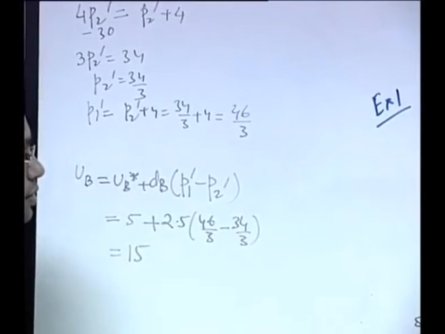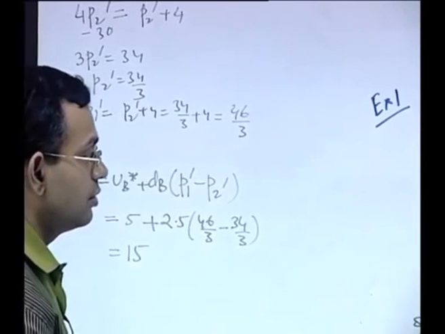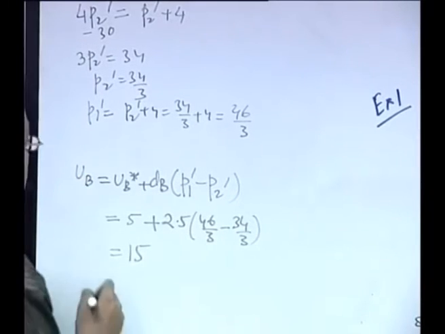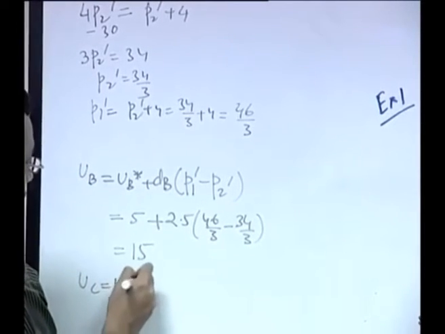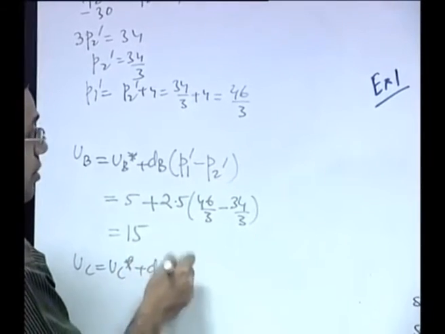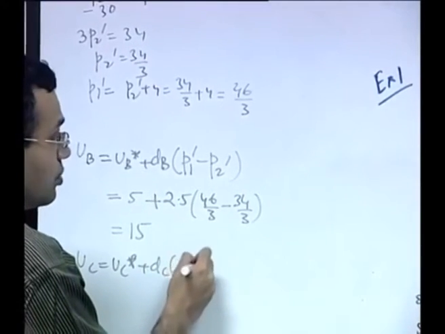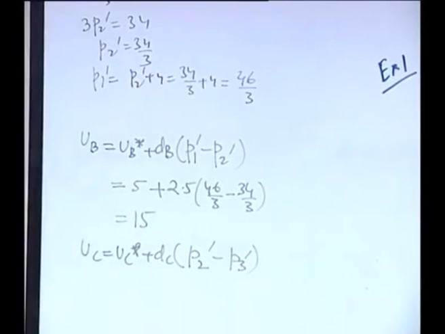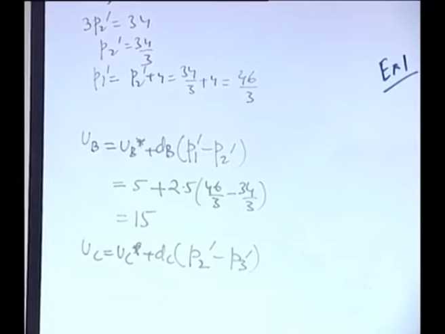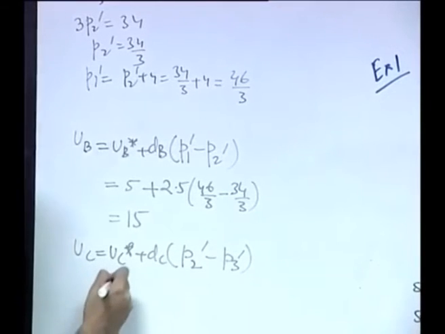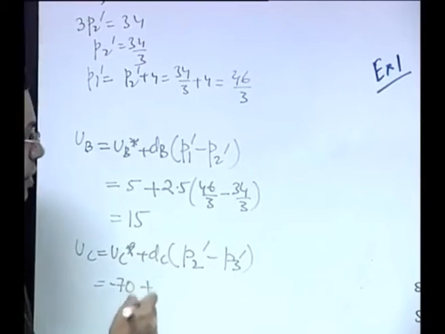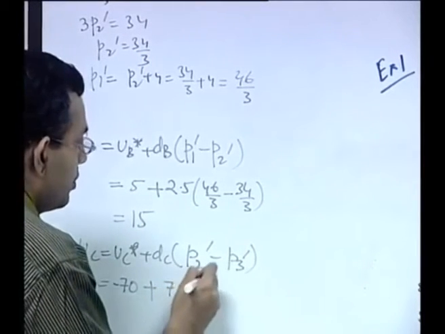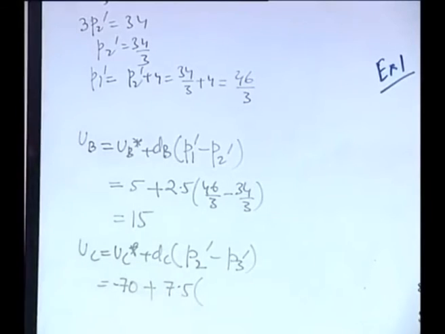And we need to calculate UC also. So, UC equal to UC star plus DC into P2 prime minus P3 prime. UC star is minus 70 plus DC 7.5 into P2 prime minus P3 prime.